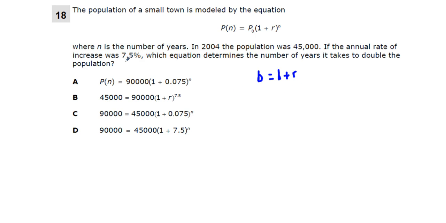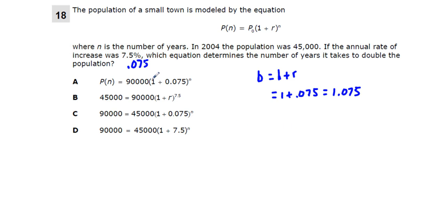So we have to change this 7.5 to 0.075. And so what we're going to see is, our base is going to be 1 plus 0.075, which is going to be 1.075. So that'll be our base.